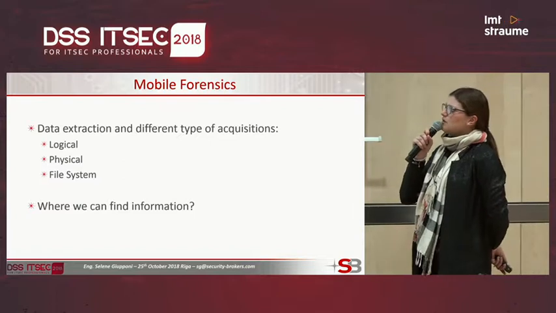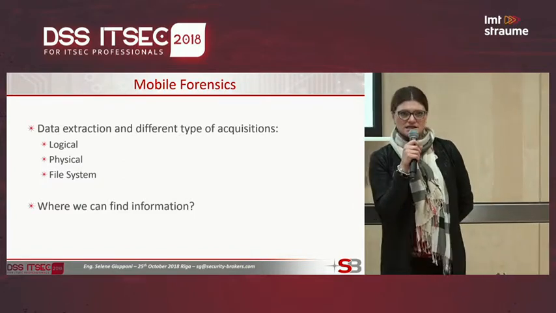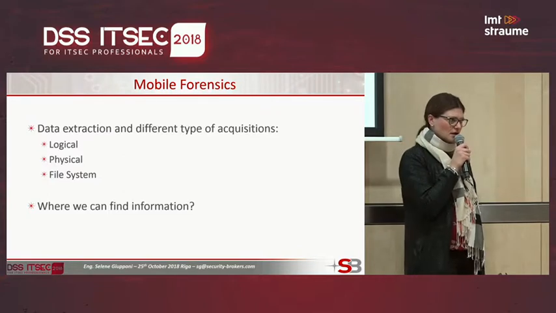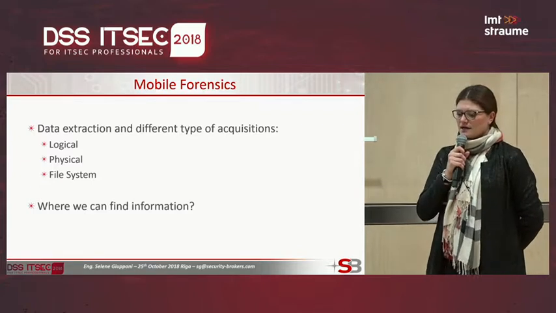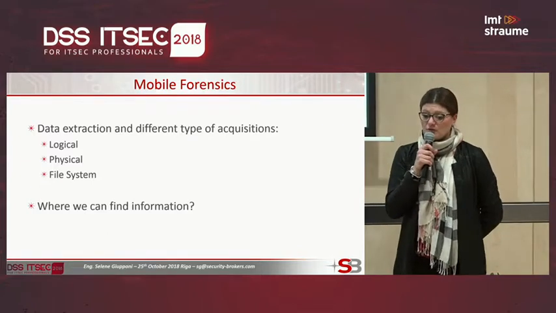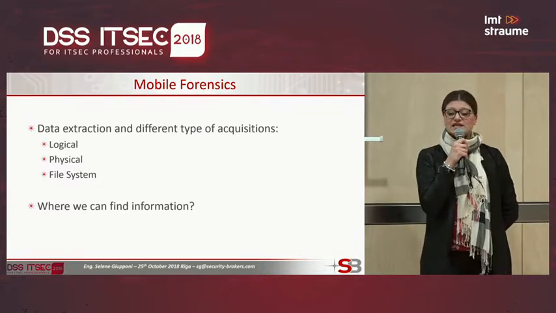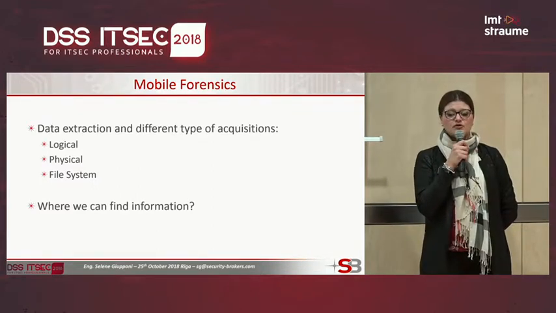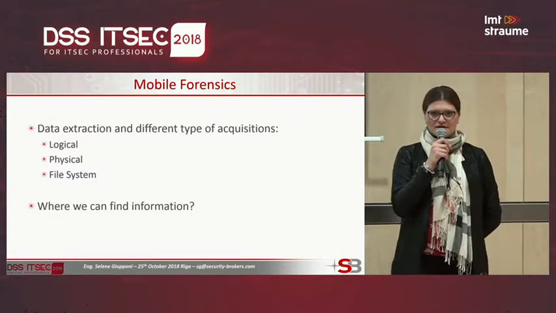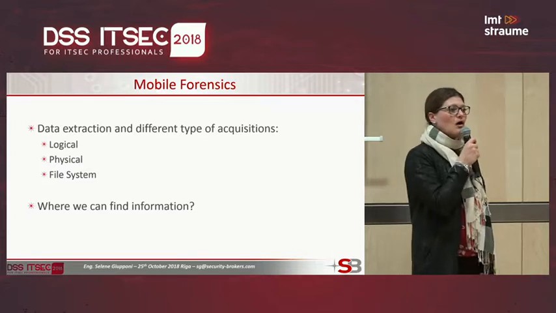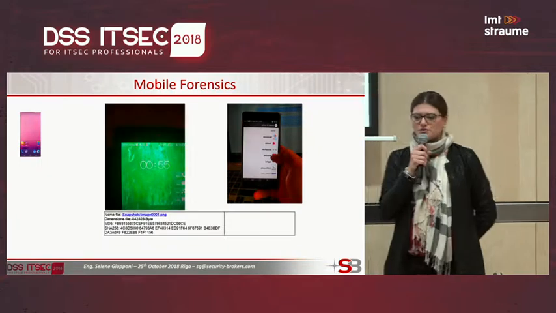It's about logical, physical, and file system extraction. So there are three different kinds of extraction that we can do on a mobile device. Where we can find information depends, because for example from physical and file system extraction we can also extract deleted data, for example WhatsApp chats, or links that we received, or malicious links, and so on.